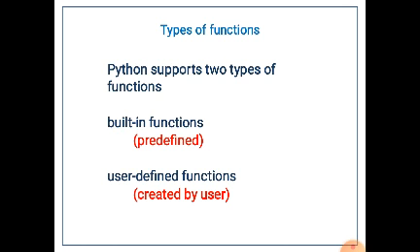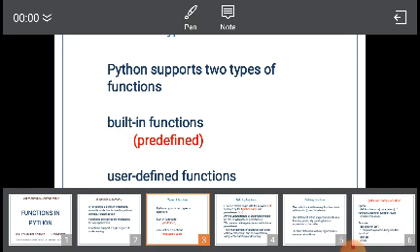So the functions which are newly created by the programmer or the user are called user-defined functions, and the functions which already exist in Python, and when we use those predefined Python functions, those are called built-in functions.